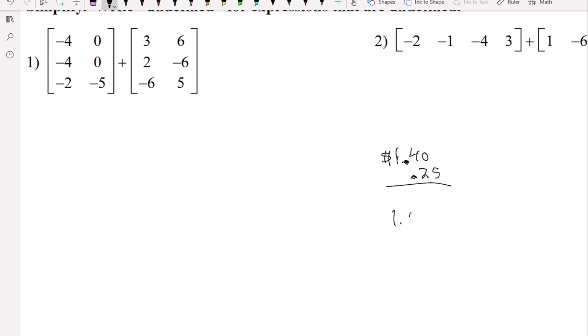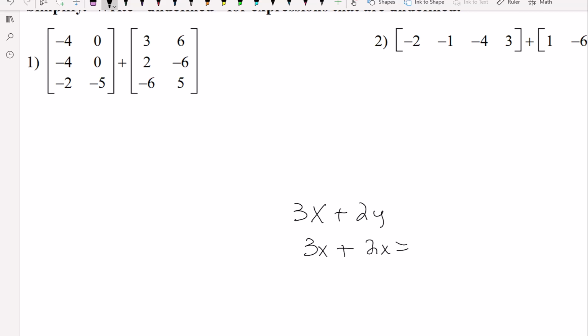You would not add 25 cents like that. So everywhere in math, when you're adding like terms, you cannot add 3x plus 2y, but you are able to add 3x plus 2x because they're the same term.